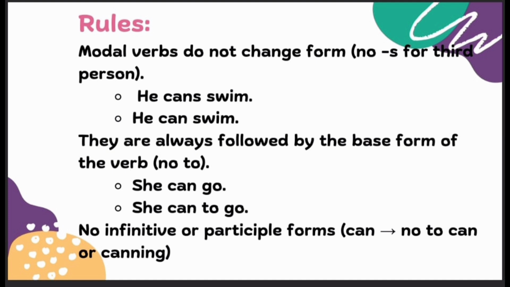You can see with an example. She can go. This is a correct sentence. She can to go. This is incorrect. She can going. This is also incorrect because here we are adding ing and here we added to. So both sentences are wrong.